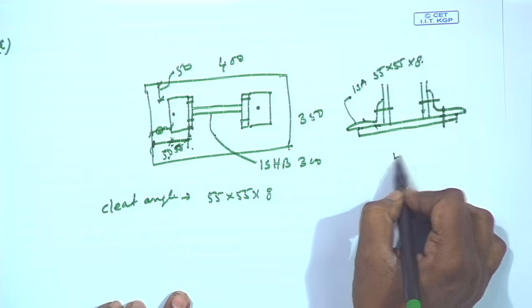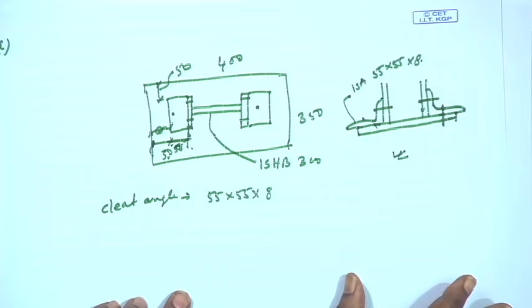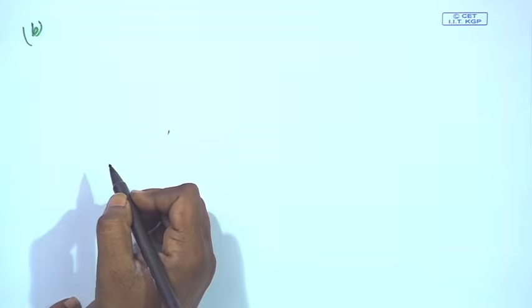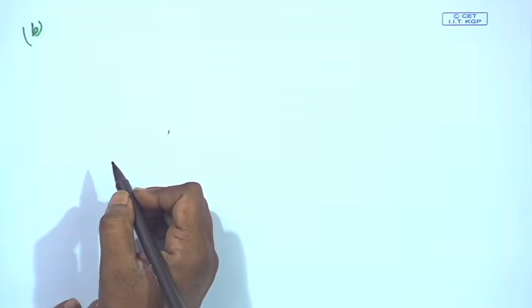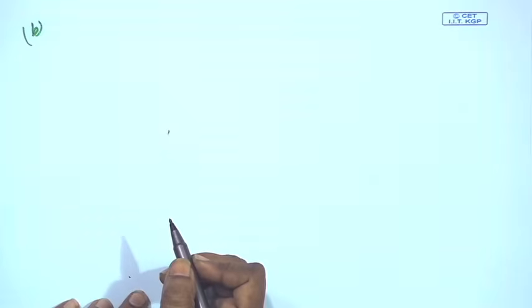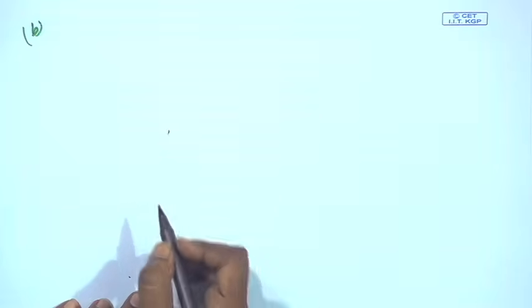Okay. So, this is how one can design for case A, and for case B we have to design, say, for weld connection. Here the column end and base plate have not been machined for perfect bearing. So, the load from column will be transferred to the base plate through the weld connection.